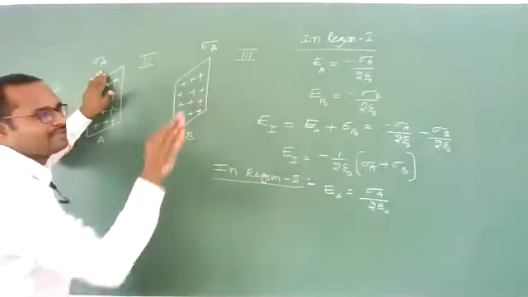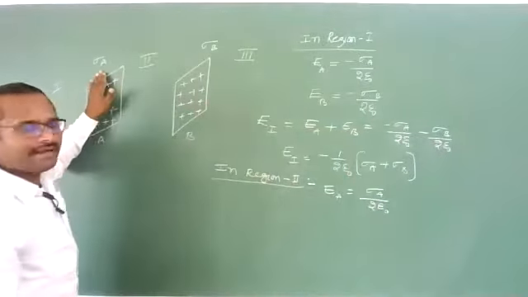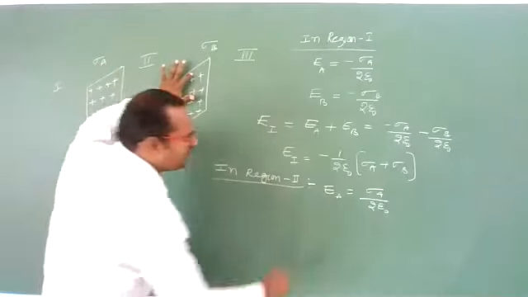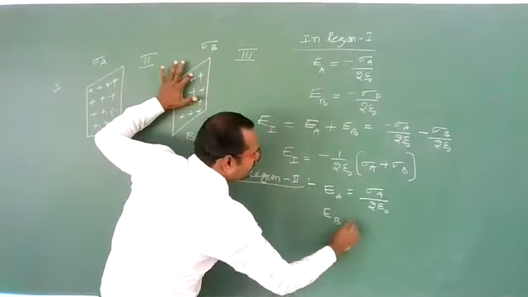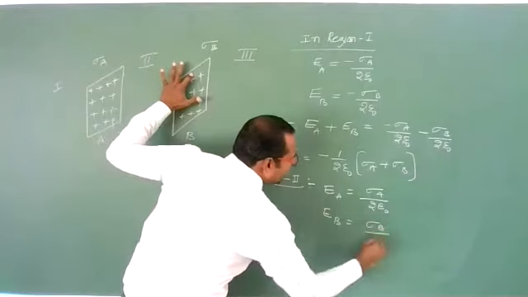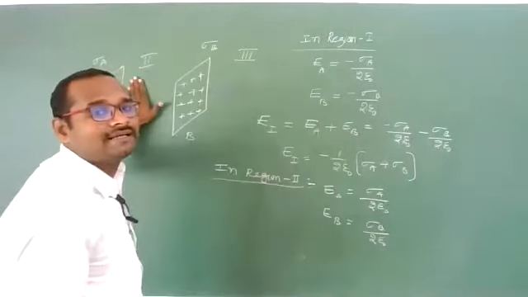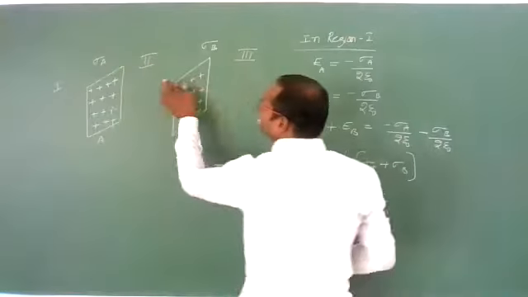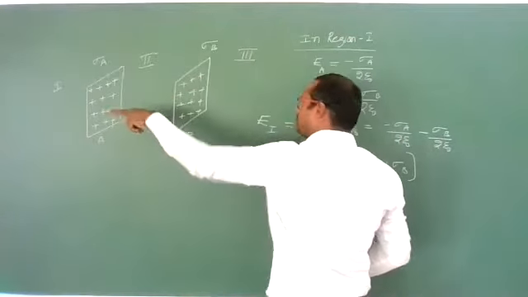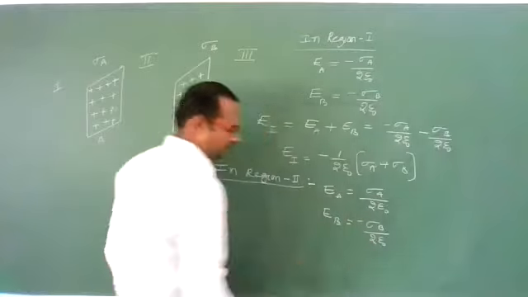Positive only because right hand side it is. And electric field due to sheet B is EB equal to sigma B by 2 epsilon naught. But direction I want here. So due to this sheet, here electric field is in this direction. So that I should take as negative.